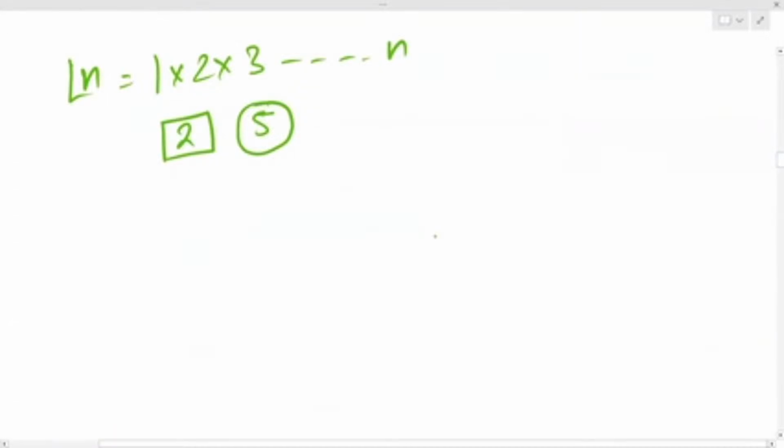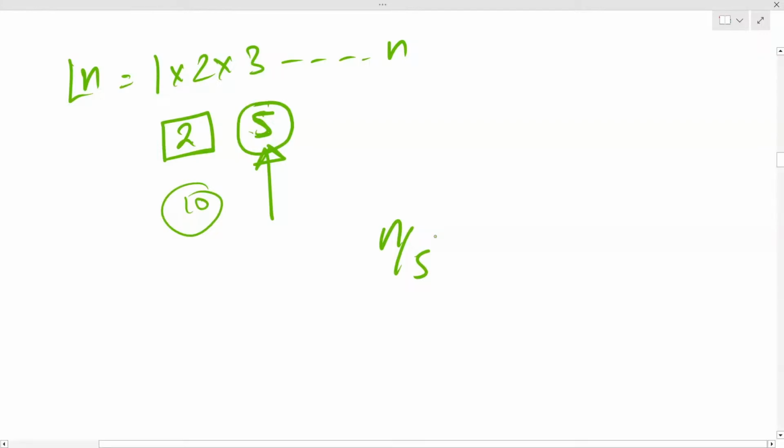For all the 5s that you're getting, you'll at least get a 2, so you can multiply this 5 with this 2, and you'll get a 10. So just count how many times you'll get a number which has 5 as a factor. That is nothing but n divided by 5. All these numbers will have 5 as a factor, right?